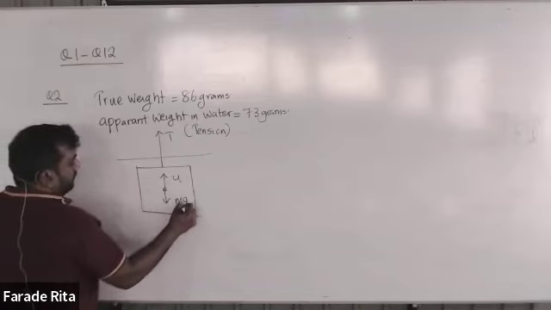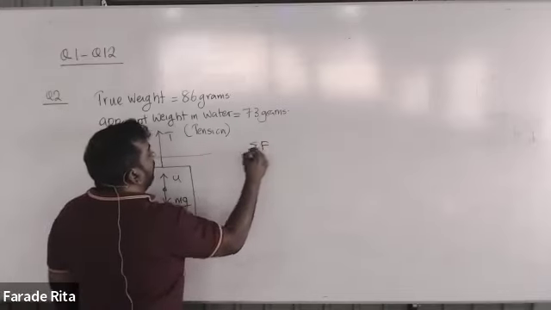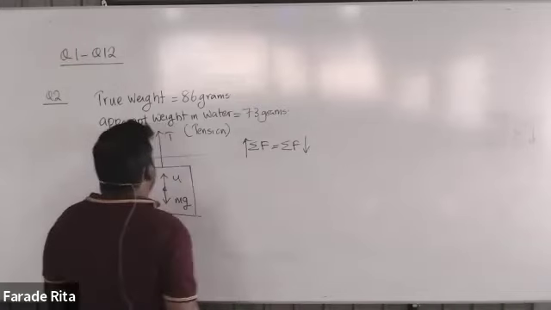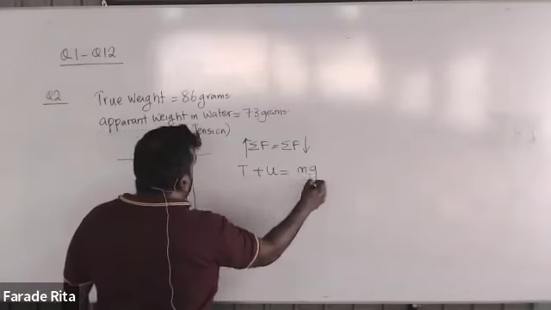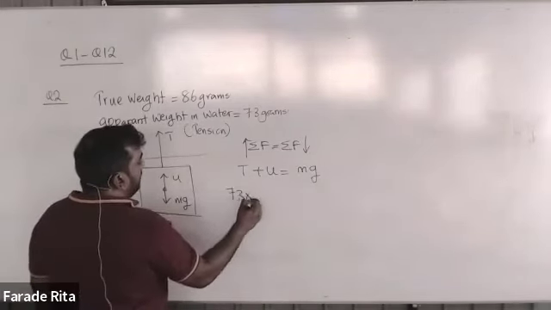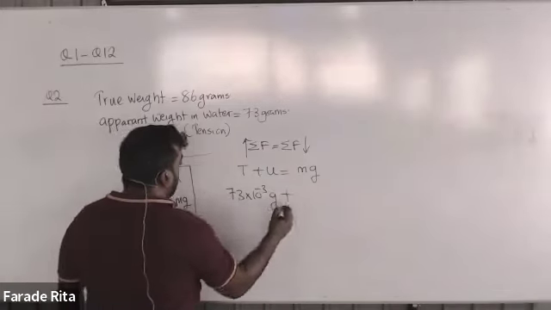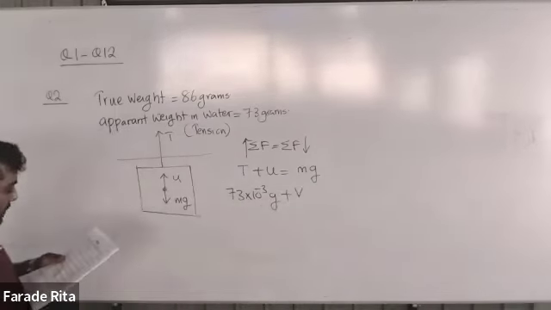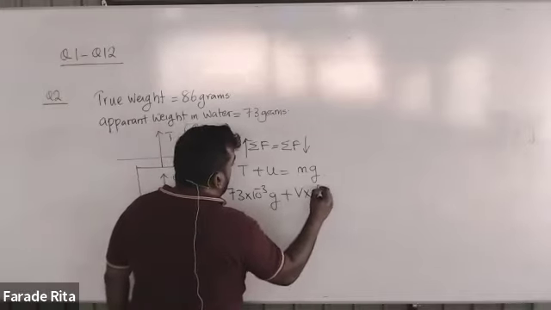Now basically apply sum of forces in the upward direction balances sum of forces downwards. Tension plus upthrust balances weight. Tension is 73 grams, convert to kilograms, convert to Newton. Volume here is V. Density of water 1000, 10 to the power 3, into g.